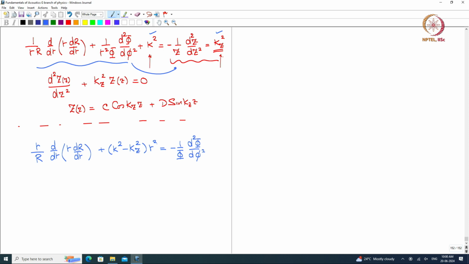Okay, so again this now is purely a function of r, this a function of phi alone. So then again it has to be some constant, call it m square.